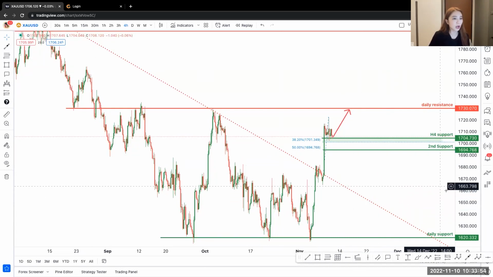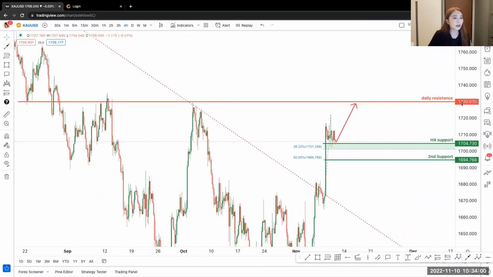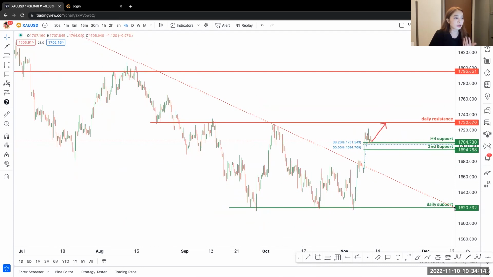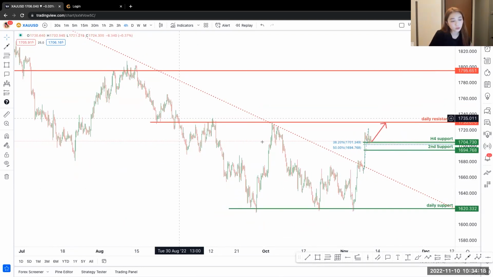So let's keep our trade. Personally, I will keep it more short. It will be great if it moves up to 1730.07. And if price exits 1730.07, then we will be looking at a further price increase to a possible 1764.